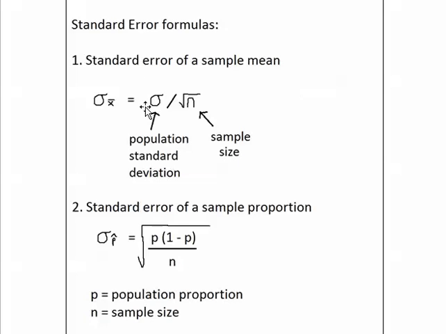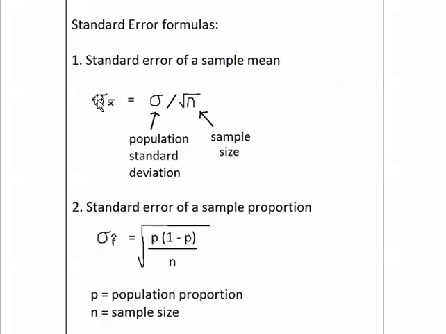So if a random sample is being selected, and the standard error turns out to be 10, then the sample statistic is likely to be about 10 off target from the population statistic. It's not definitely 10 off target, but that's what it's expected to be.